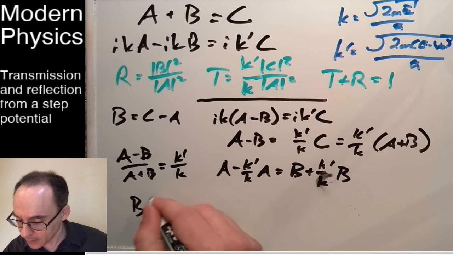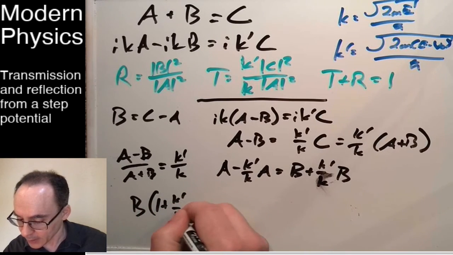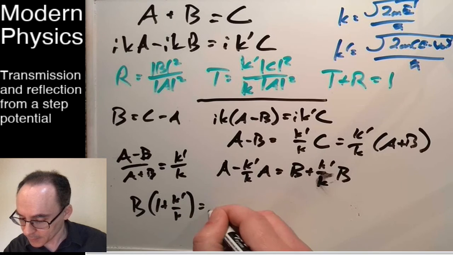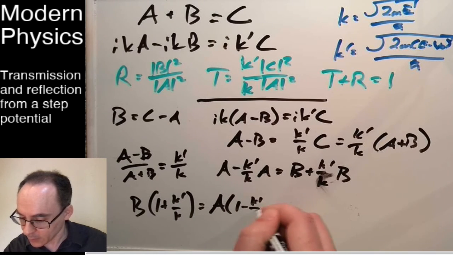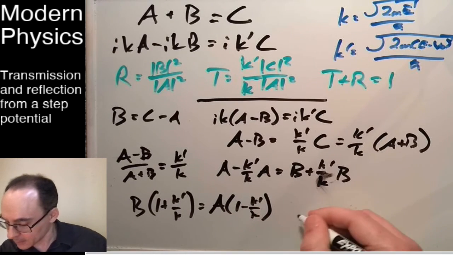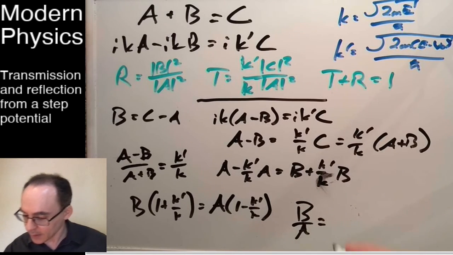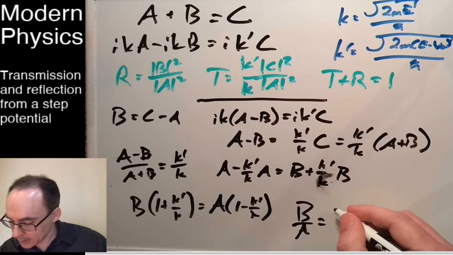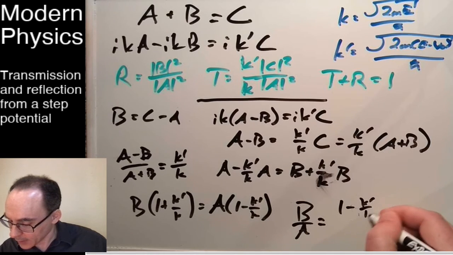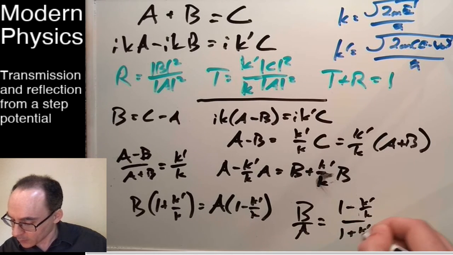I could say B times (1 plus K prime over K) equals A times (1 minus K prime over K), and now this looks much nicer. I have that B over A equals (1 minus K prime over K) over (1 plus K prime over K).